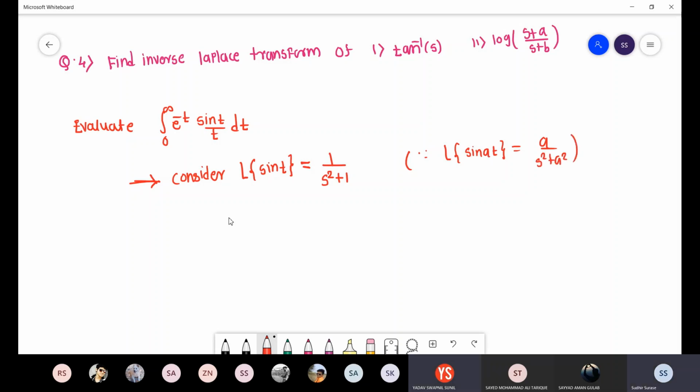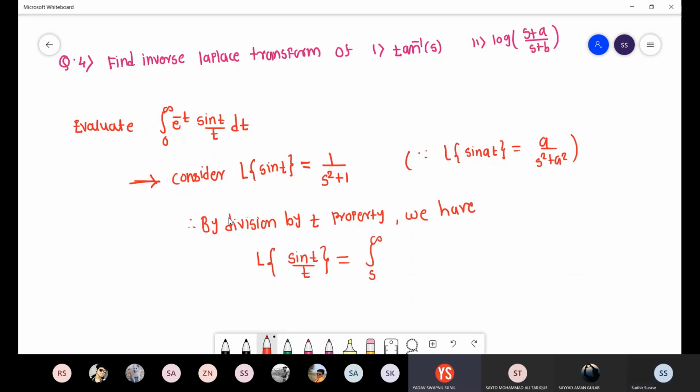Okay, next. Division by t property. By the division by t property we have the Laplace transform of sin t by t. It is nothing but what? It is equal to integration s to infinity 1 upon s square plus 1 ds.